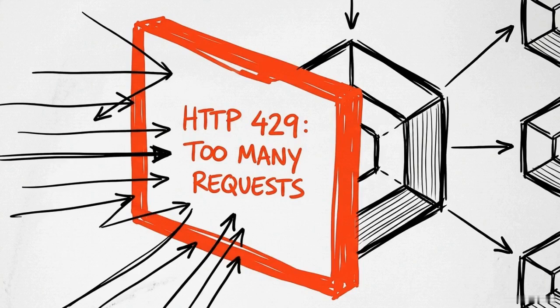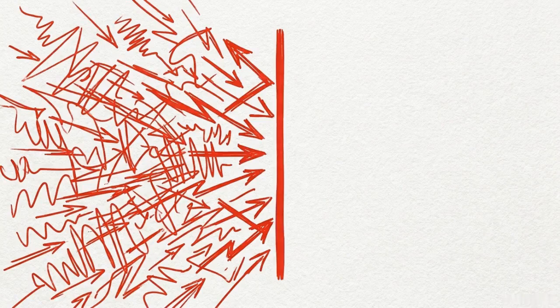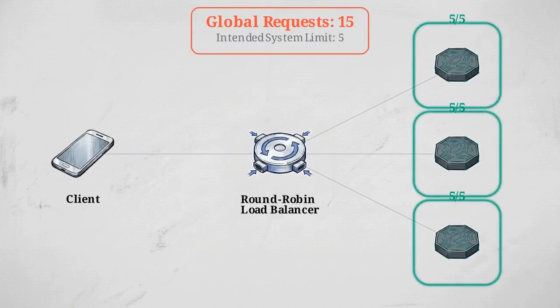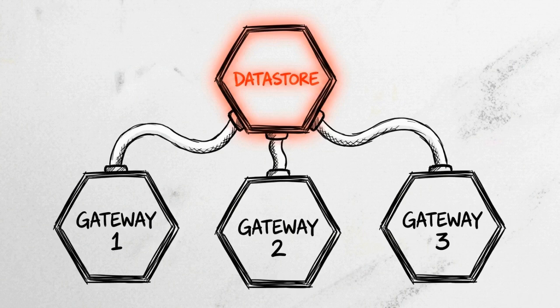The final defensive responsibility of the gateway is rate limiting, restricting the volume of incoming traffic to protect backend services from denial of service attacks and cascading resource exhaustion. In a distributed system, running rate limiters in local gateway memory fails. If a client hits different gateway instances behind a round-robin load balancer, their request count is split, allowing them to easily bypass the intended limits.